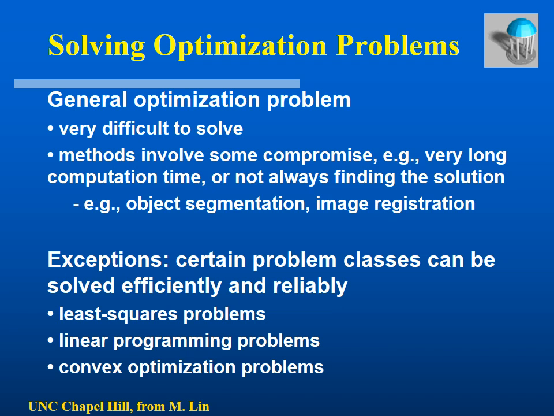In other situations, we have an organ that's deforming, and we're trying to characterize the deformations by asking what deformation of one image makes it close to another image. That's the image registration problem.